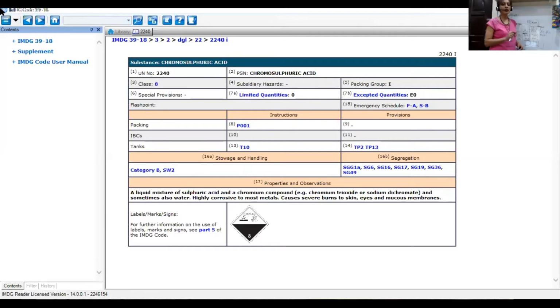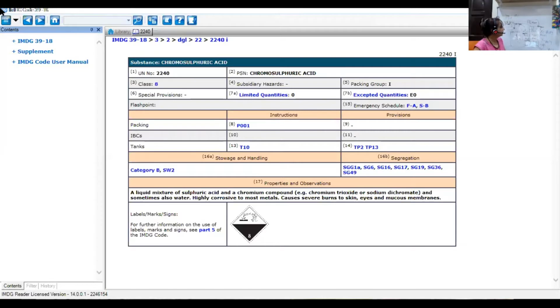Now, when it passes the test, it'll obtain a Y. So it will show that the 1A1 drum was tested for PG2 and 3. The same would apply if it was only 1 PG, then the 1A1 drum will show a Z, because the Z means only PG3 it was tested for. So PG3 means the least stringent test.